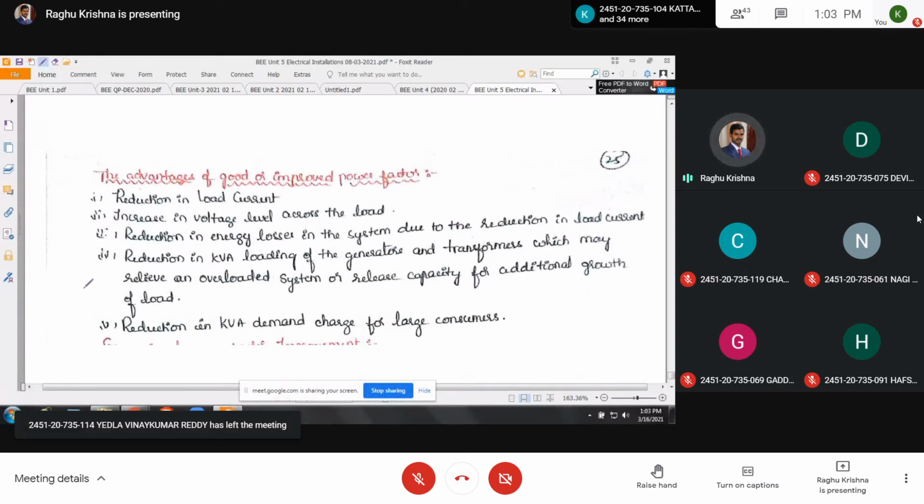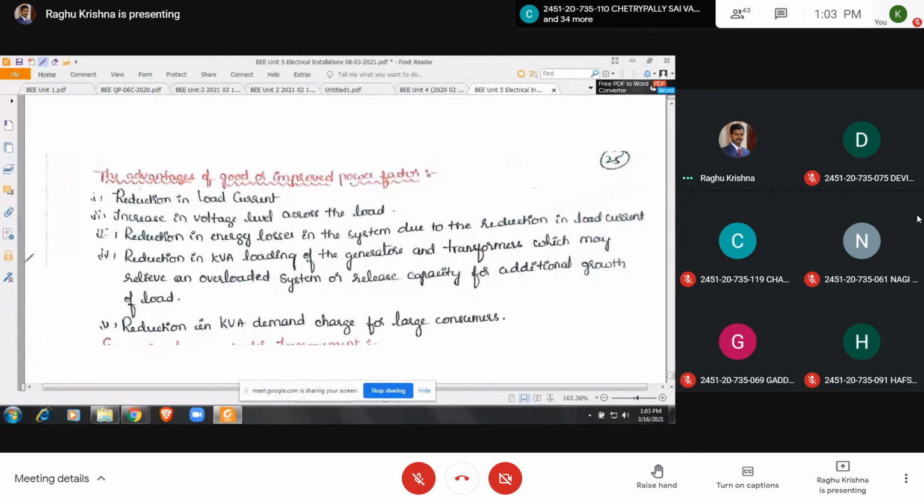Here you can write advantages of improved power factor, or advantages of good power factor. So you can write these points: reduction in load current, increase in voltage level across the load, reduction in energy losses, reduction in kVA loading of the generator and transformers. Next, reduction in kVA demand charge for large consumers. This you can write.